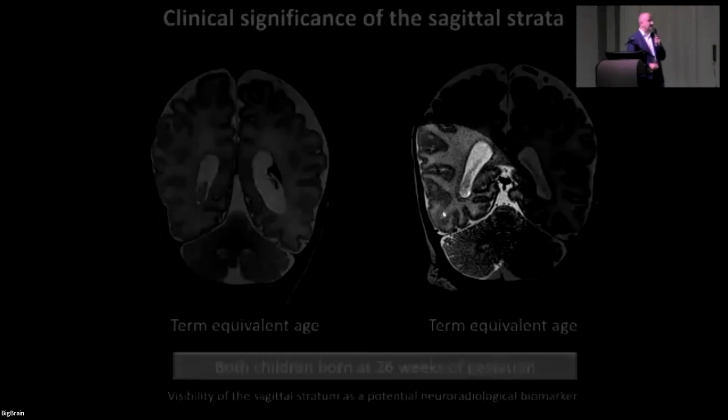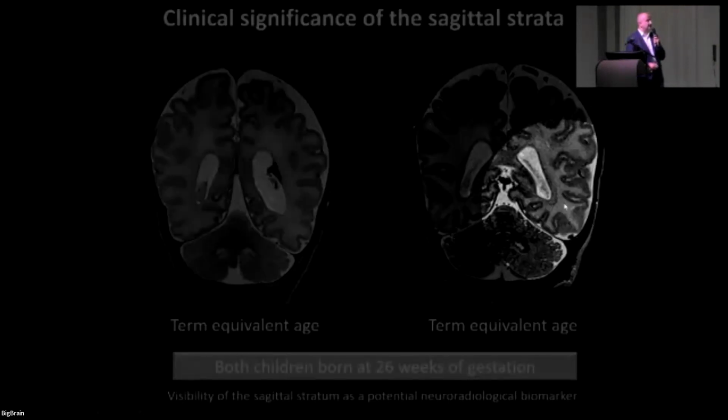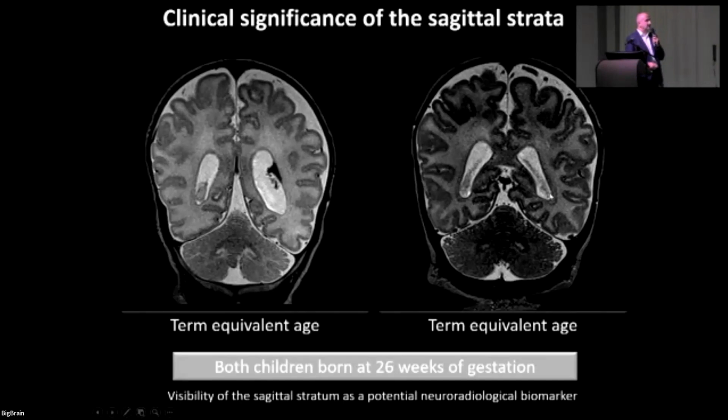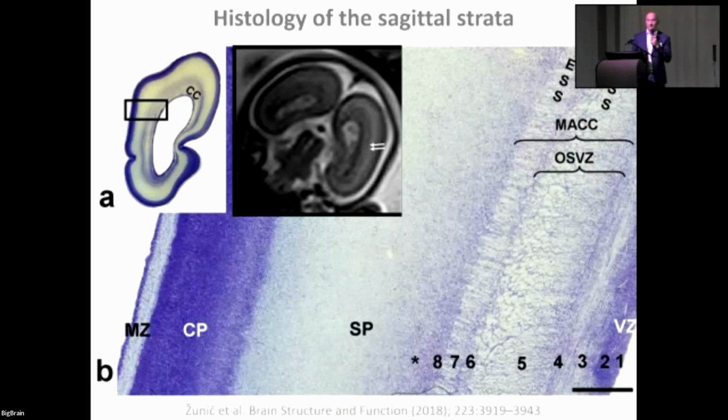But in this case, with really very well visible sagittal strata, even this extremely preterm baby did very well after neurological and psychological testing. Of course, you cannot conclude anything from 2 kids, but we have a cohort of 70 kids, and that really works. The sagittal strata is a good prognostic marker of later development.